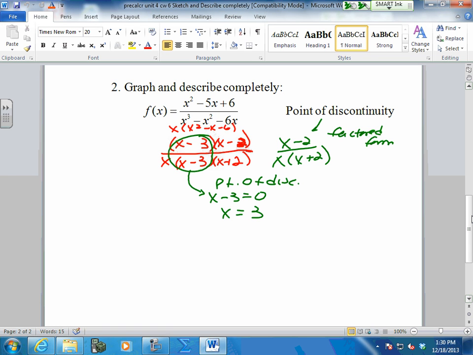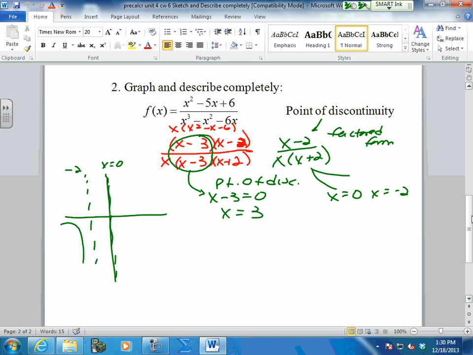Okay, now let me explain what this means. Your graph says this. Here's your vertical asymptote: x is 0, x is negative 2. Watch. Here's my x is 0, my x is negative 2. Your graph, and we're going to do the rest, is going to go like this, it's going to go like this somewhere, and it's going to go like this.